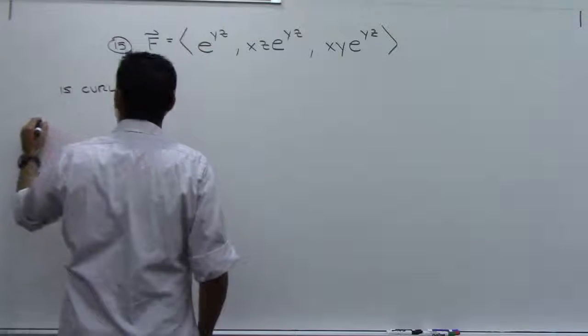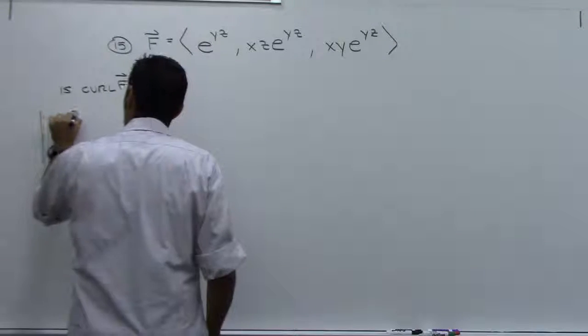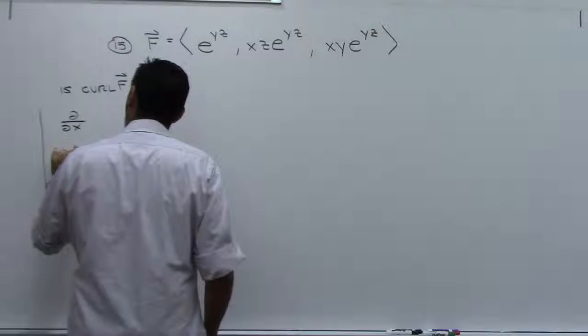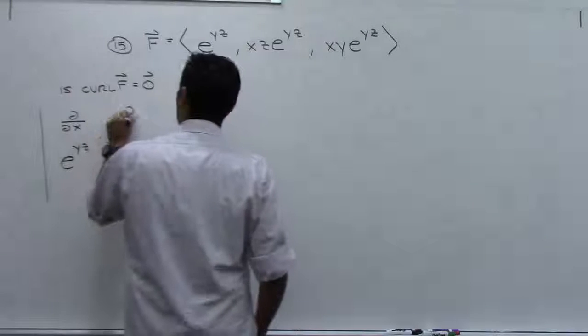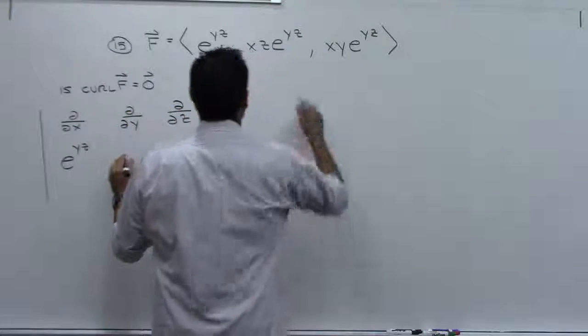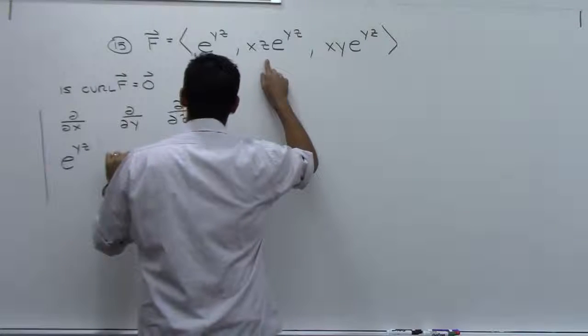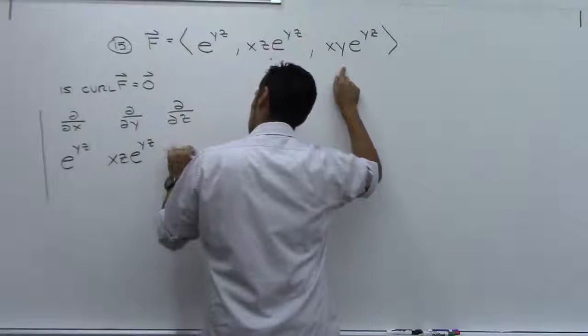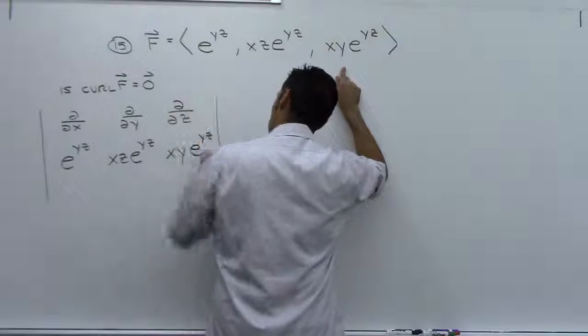Well, setting everything up, partial with respect to x, partial with respect to y, partial with respect to z, and the vector e to the yz, xz e to the yz, xy e to the yz.